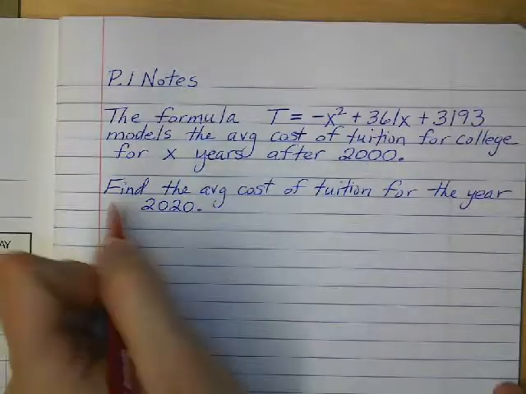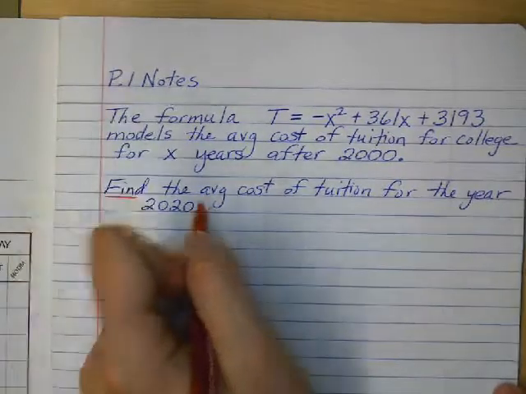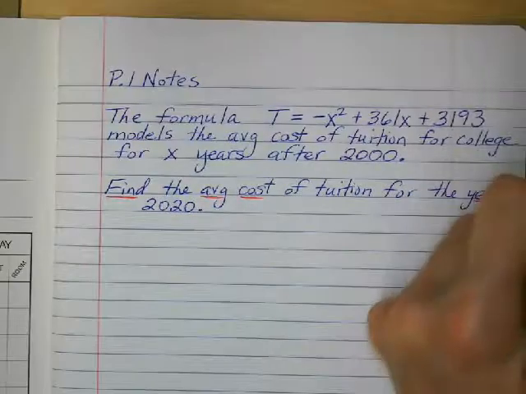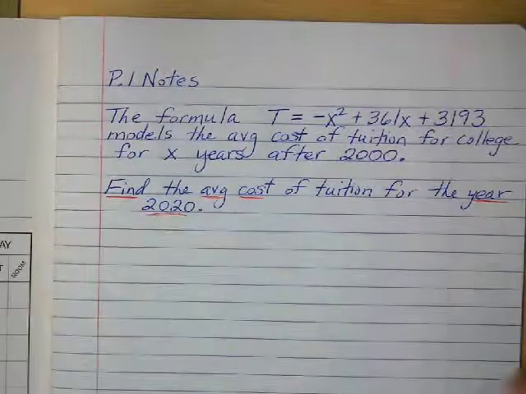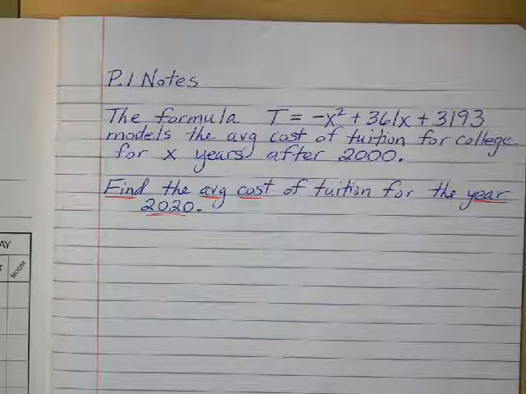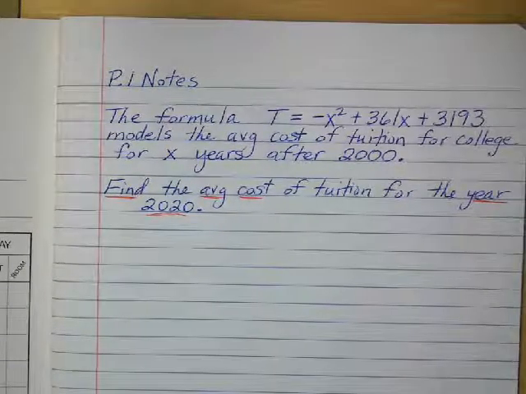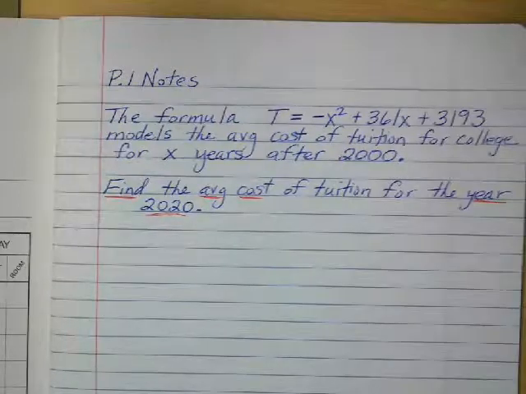Find average cost of tuition for the year 2020. So what do you think? They give you a formula, and you have to know what to do with the formula. Anyone have an idea of what to do?